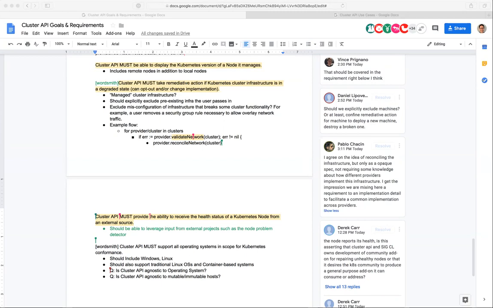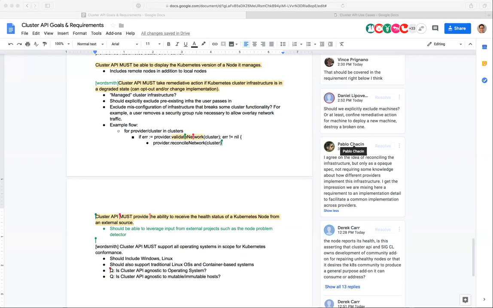So we're not trying to build this tool. We're trying to be able to leverage existing tools in this space. So like in the case of machine sets and machine deployments today, if we're going to maintain those over time, ideally, if a node becomes unhealthy, we would replace it instead of just leaving an unhealthy node sitting around.